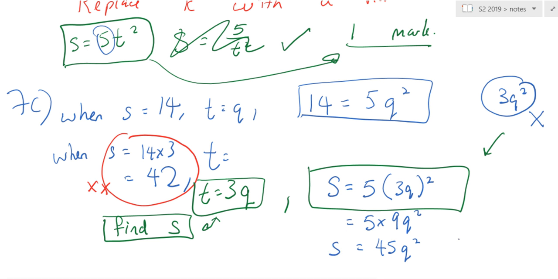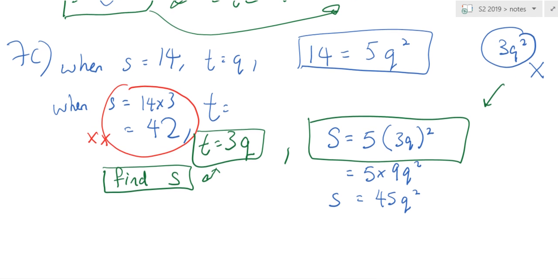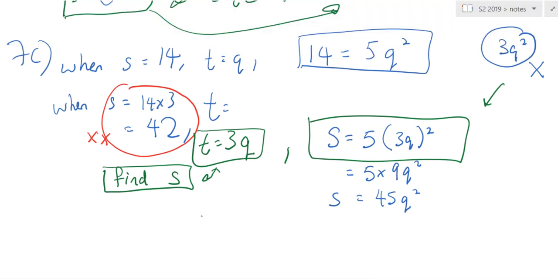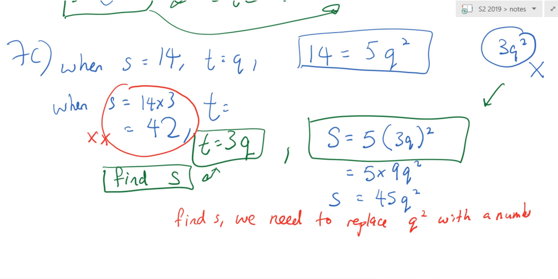So I write down the thinking process in words. If I want to find s, we need to replace q squared with a number. And how do you suggest we do that? How do we replace q squared with a number? From the first equation. Do you understand? So I try.